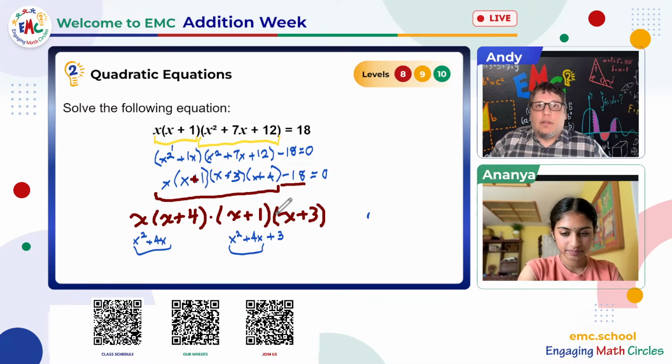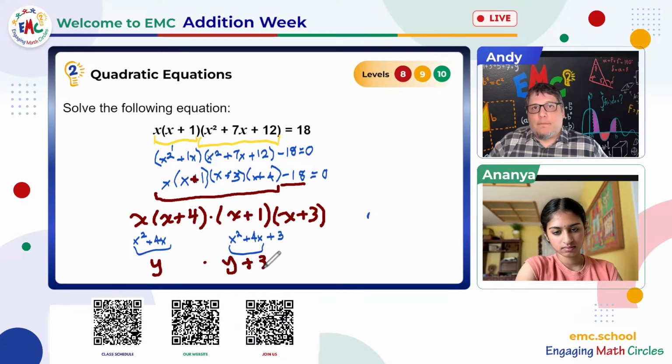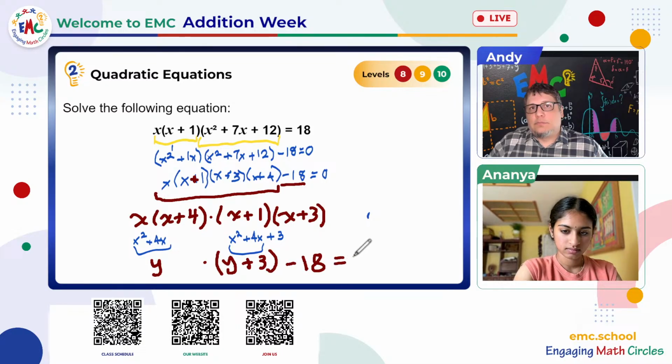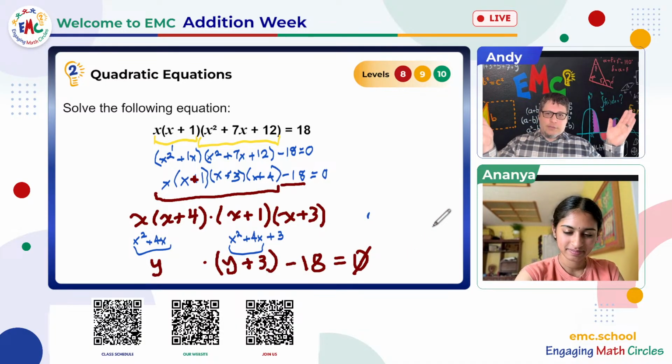Let's make that y. So it's y times y plus 3, minus 18 equals 0. Oh, that's a lot more helpful. It is now a nice quadratic.